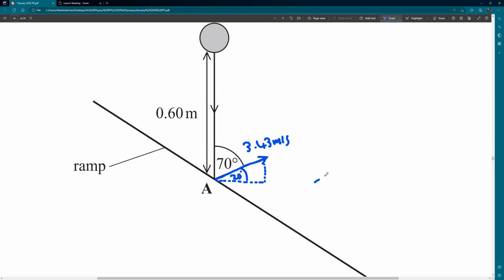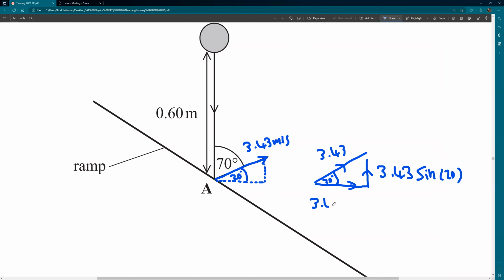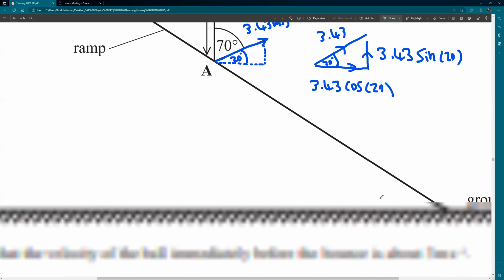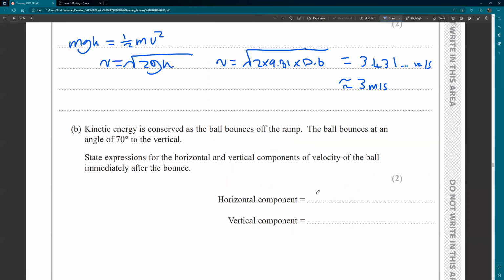So now I basically have a right angle triangle with hypotenuse 3.43, angle 20, and he wants the horizontal component and the vertical component. The vertical component is 3.43 sine 20. The horizontal component is 3.43 cosine 20. Okay, so let's put that there.